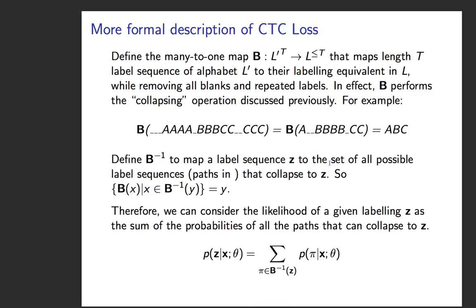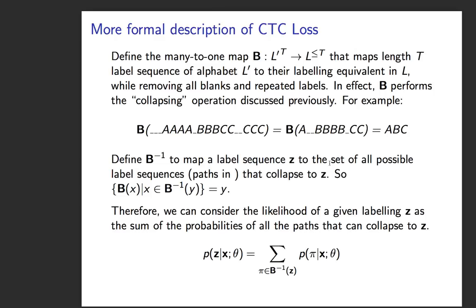Now we're going to expand out this p of z given x. Let's formally define this many-to-one labeling, where we go from our expanded language and then shrink it down. As we said before, the length can be less than or equal to the original length of the label sequence that we get out from our network.